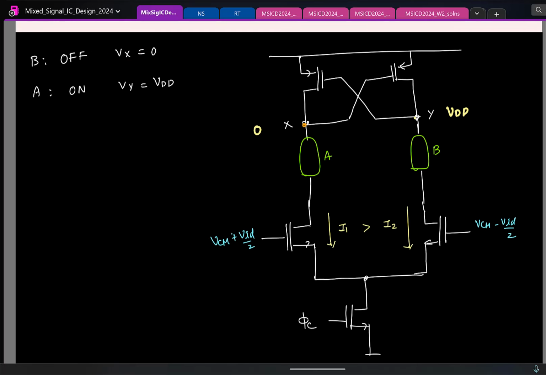So I'll replace B with an NMOS, and the gate is connected to Vx.